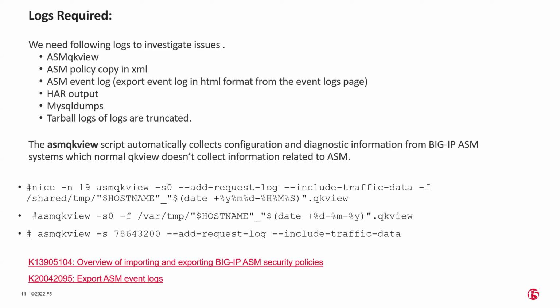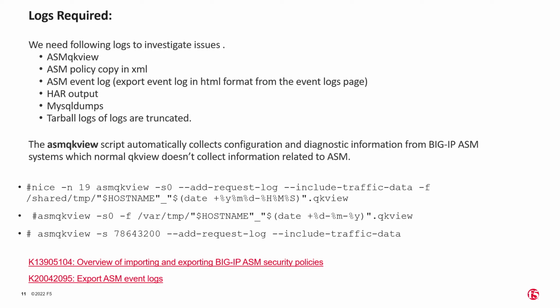It will skip them. If we don't want it to skip and we need the complete data, the support team might ask you to upload the QKView using the last command, because then it will capture the ASM underscore module.xml file, which contains all the ASM related policy information for the device. Once we get it, we can review the policy.